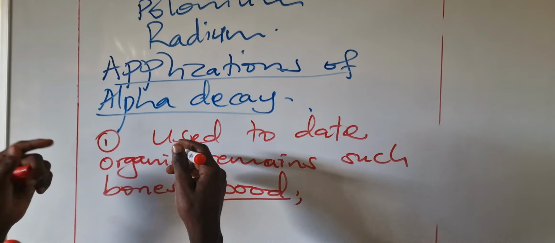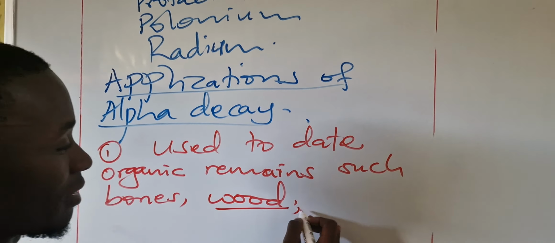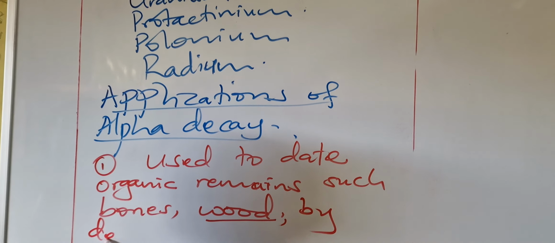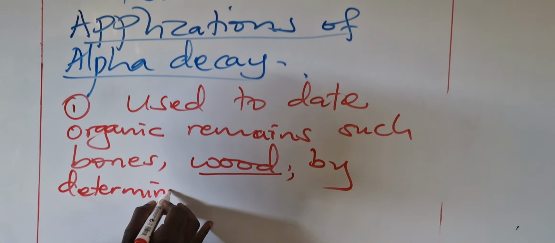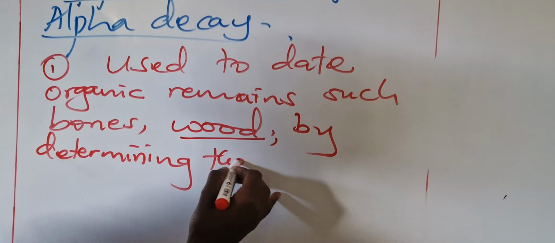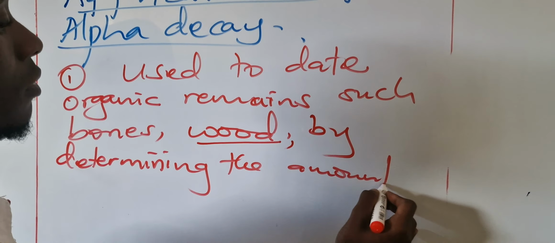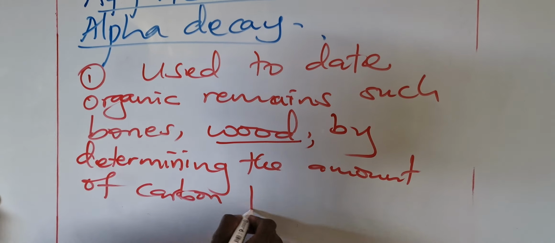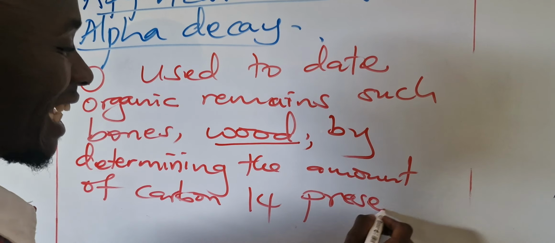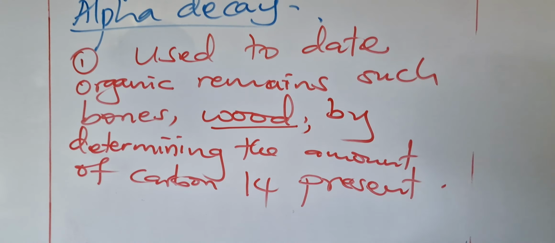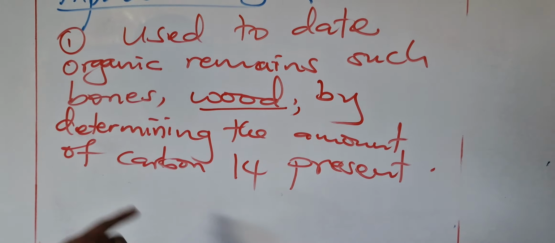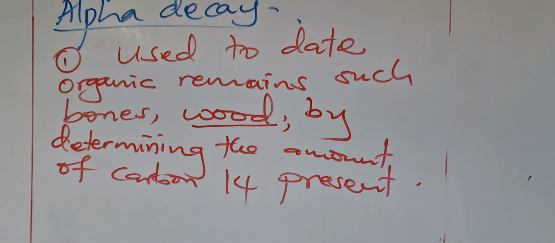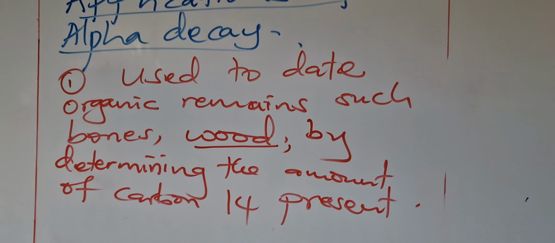So this is an application of alpha decay. This is done by determining the amount of carbon-14 present in the remains. So this is one of the applications of alpha decay.